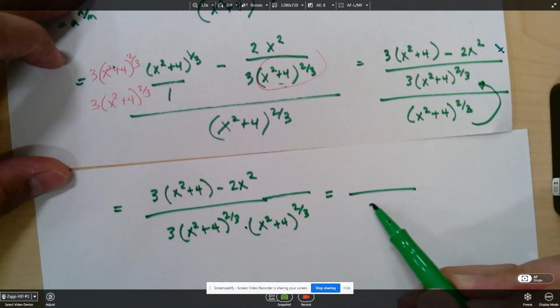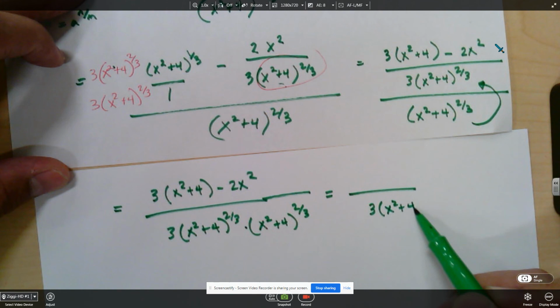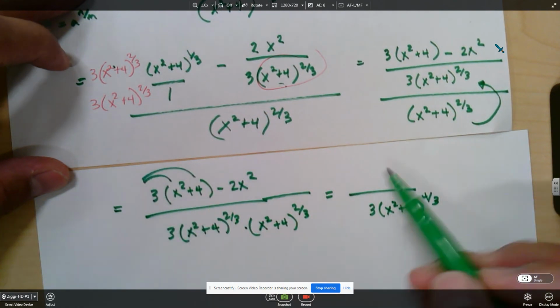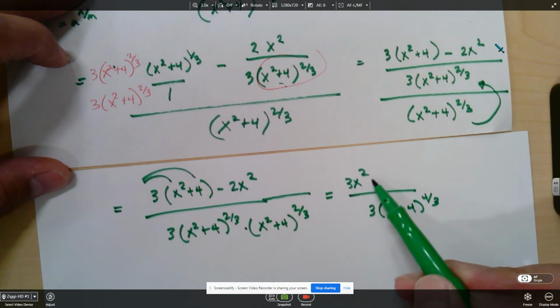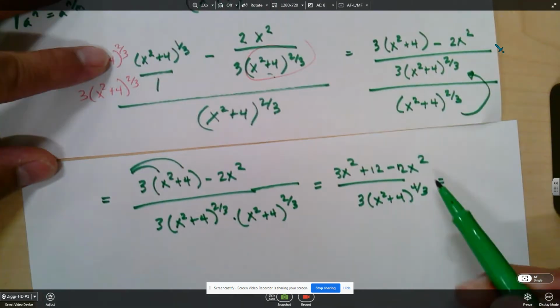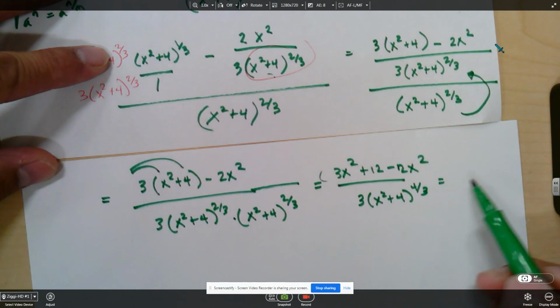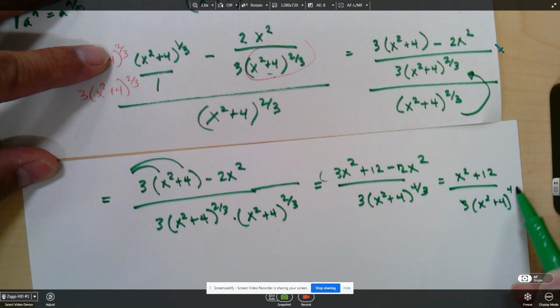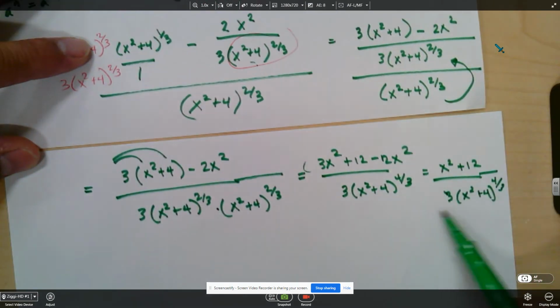Oh, yeah, so it's 3x squared plus 4 to the 4/3 now. And in the top, you could start to distribute through, and then collect like terms. To the 4/3. And that will be your final answer.